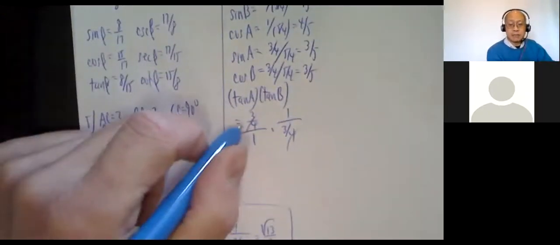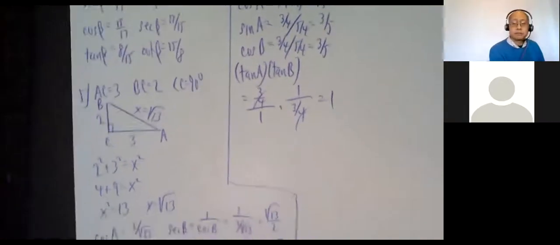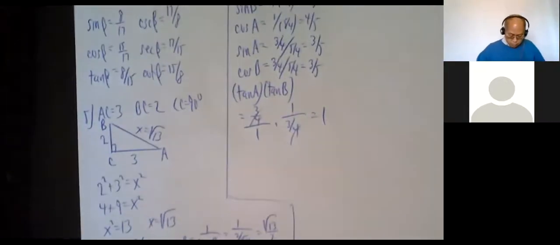Well, even though it looks funny, I can cancel these out. It's the same number here and here. So the answer is just going to be 1. So my answer is 1. All right, so that's how to do those.